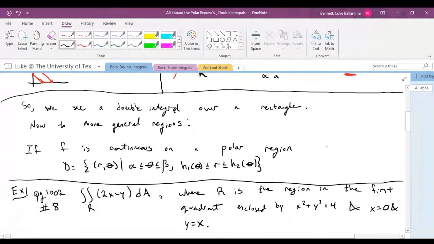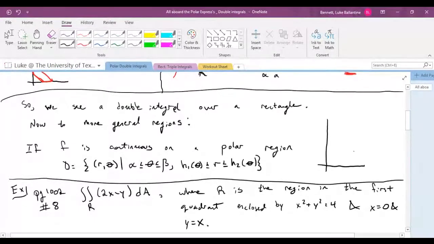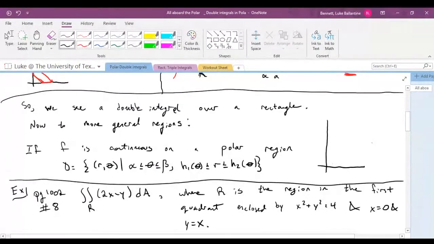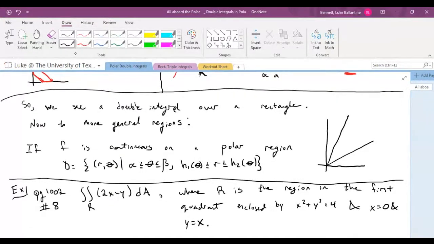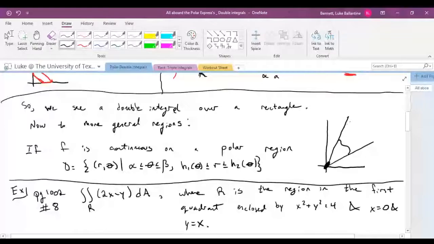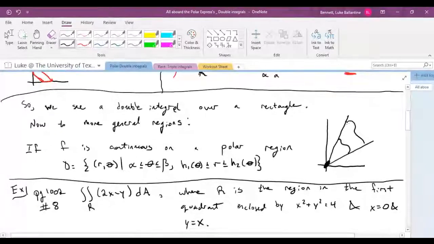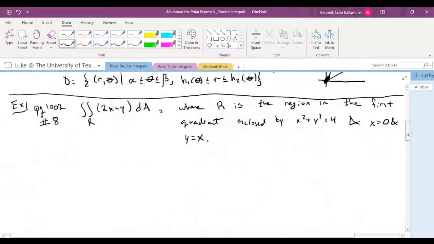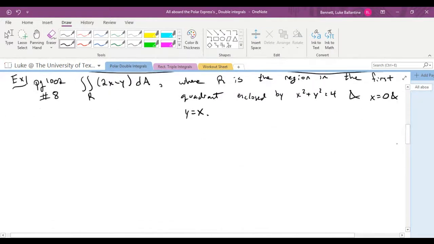So theta is constant, alpha to beta, then we have r, the radius, the distance from the origin, as a function of theta. So we could integrate over something like that. I don't think I have any examples like that, but what I have, I think you will find of interest because they're quite similar to the homework problems.